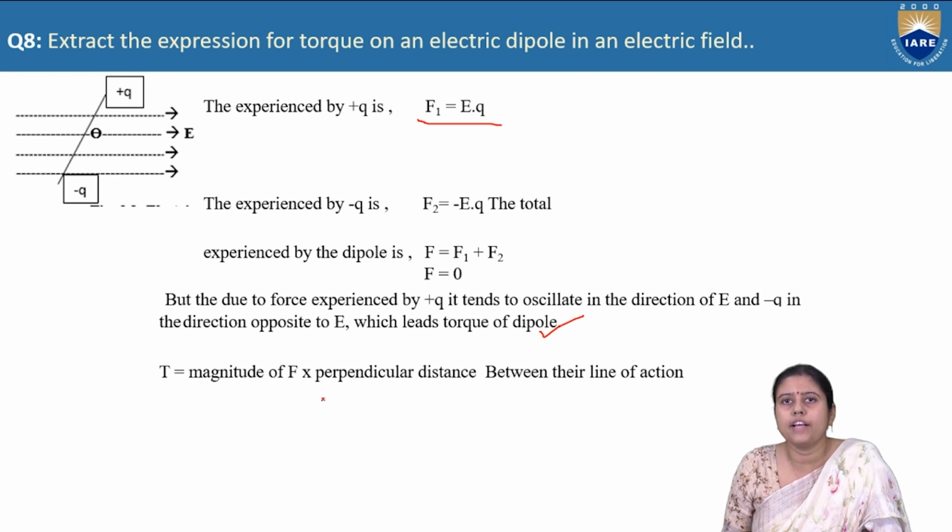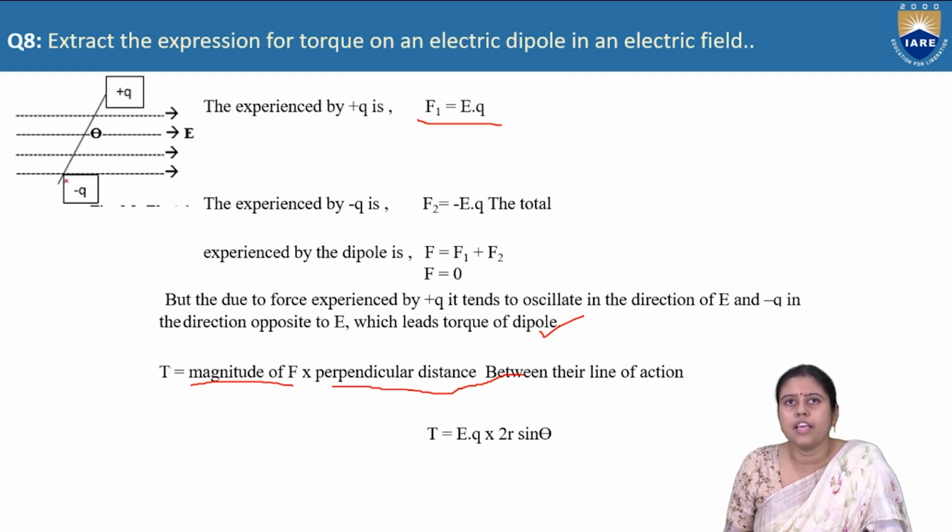So the torque can be defined as the magnitude of F times the perpendicular distance between their lines of action. So what is the value? If this length is r and this is a triangle like this, the total length is 2r, because from the midpoint we are taking r on each side. So what is the distance?